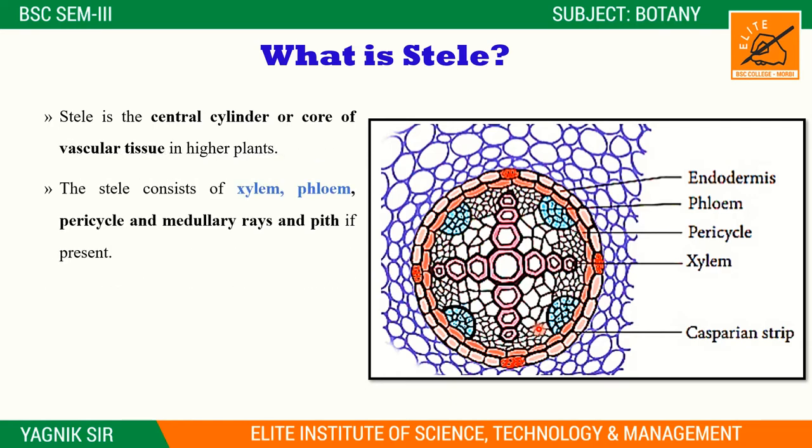So the stele consists of the xylem and the phloem as the main component parts, and the pericycle, the medullary rays and the pith if present, right? The stele consists of the xylem, phloem, pericycle, medullary rays and pith.